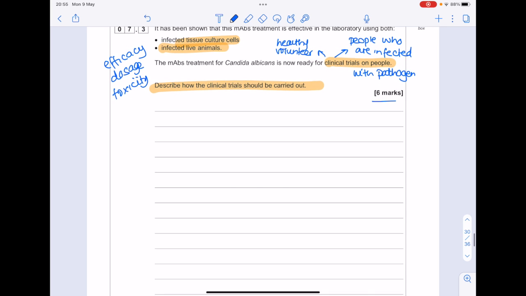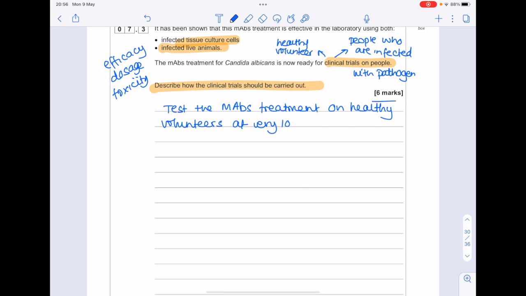So first of all, test the treatment on healthy, I've already mentioned this, healthy volunteers, and you need to use a very low dosage in case it's at all toxic. So to check its toxicity, and we're already at 3 marks here.